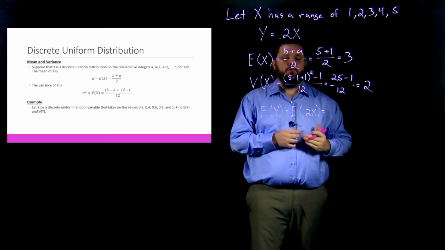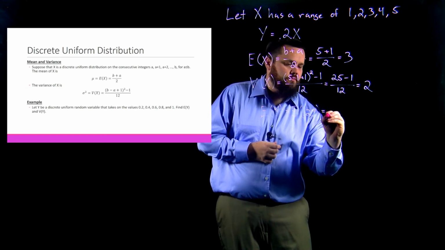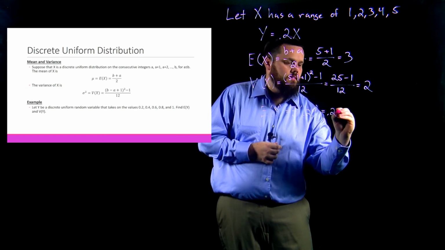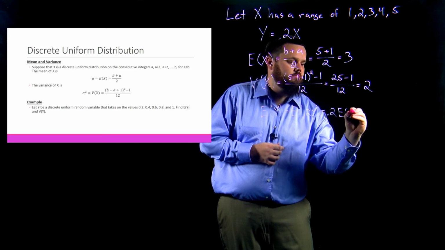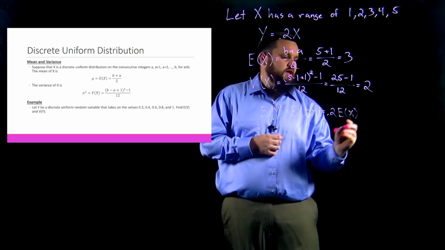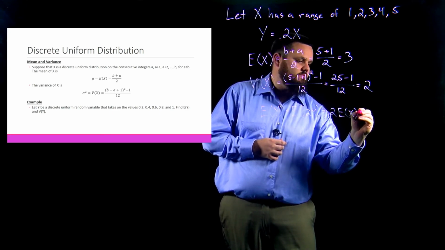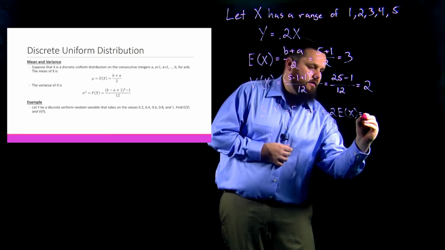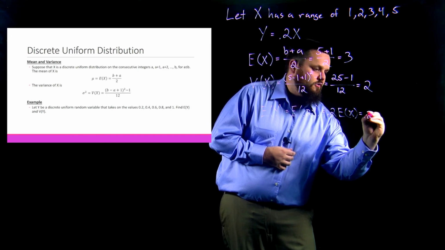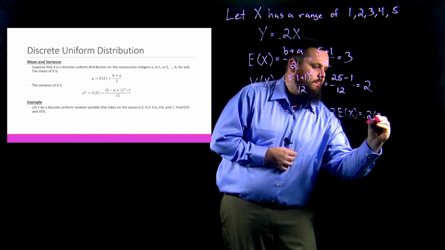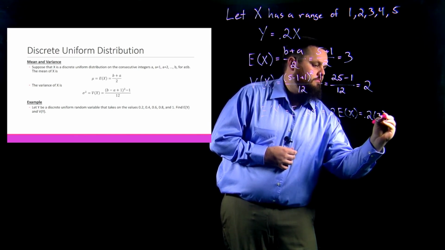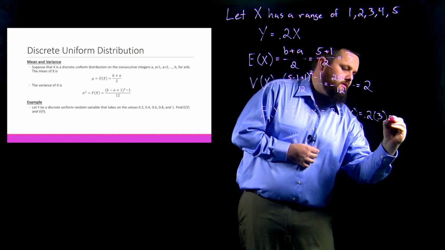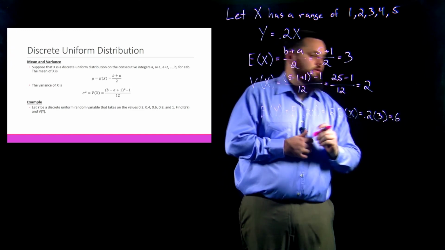Now, we can then pull that 0.2 out. So we're going to have 0.2 multiplied by the expectation of x, which we found a moment ago to be 3. So we're going to have 0.2 times 3, which is going to equal 0.6.